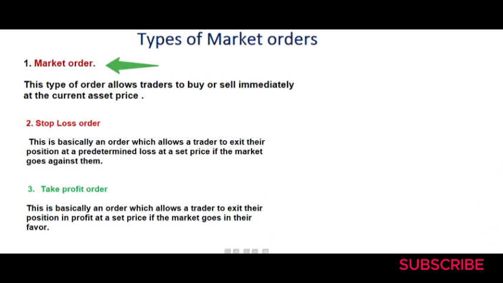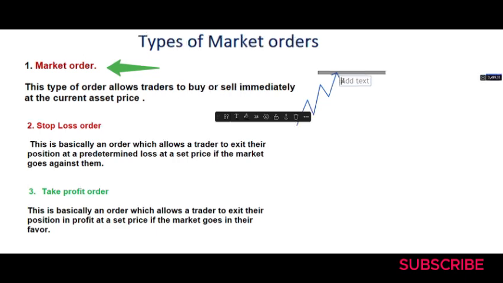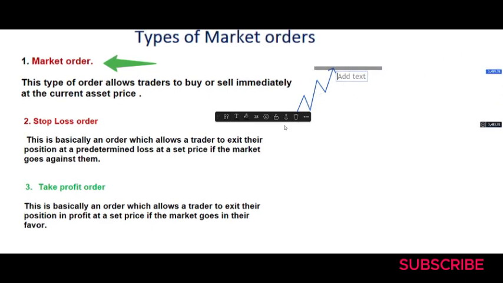Let's say the bullish market is forming higher highs and higher lows in this fashion, and then you get to a resistance level. At that resistance, most traders are looking to sell. You place a sell order at the current running price.